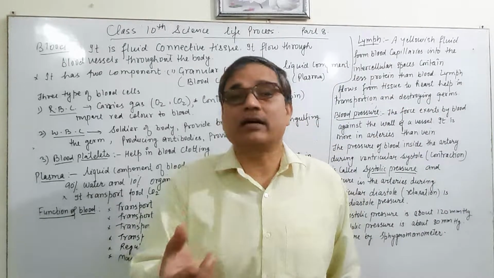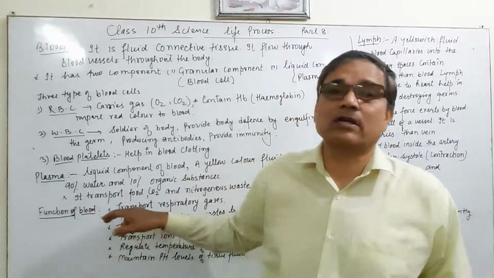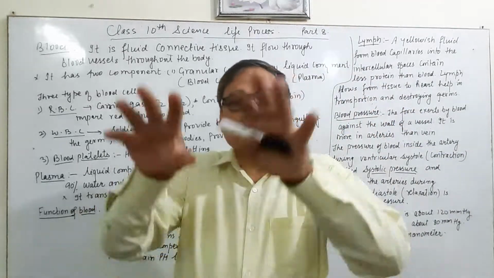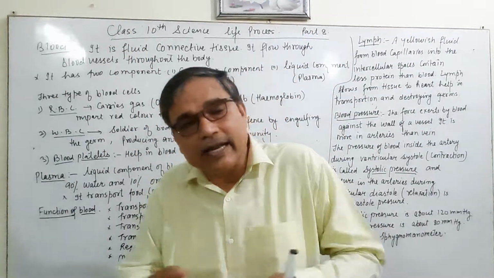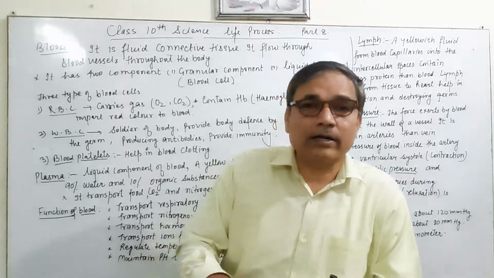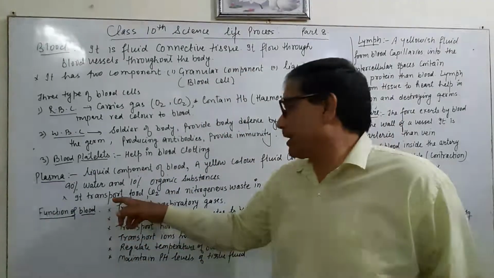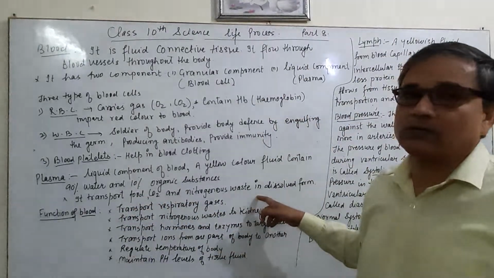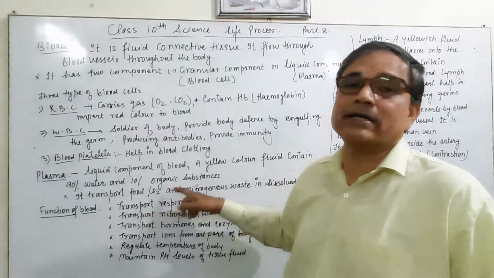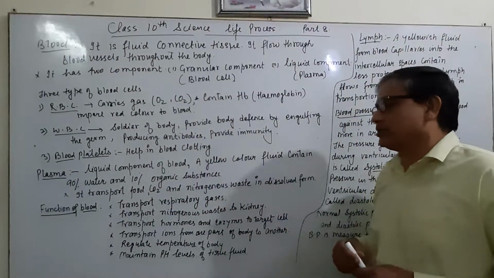It means we can say blood also carries these substances. Plasma is the liquid part present in the blood, therefore it carries these substances. We can say blood contains plasma and plasma transports these substances, or we can say blood also transports food, nutrients, carbon dioxide and nitrogenous waste.